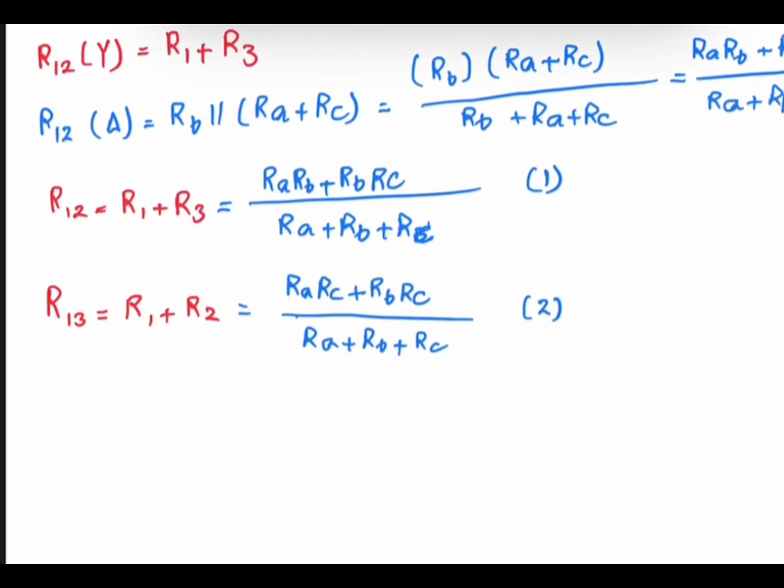Also, I can find R for terminals 3 and 4, R3,4, which on the Y transform is R2 plus R3.